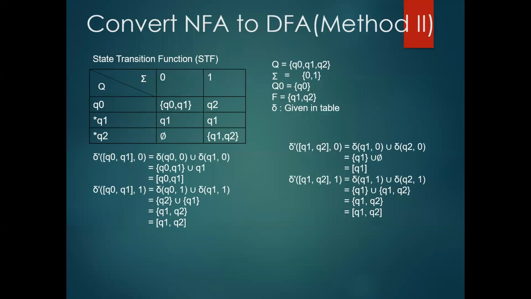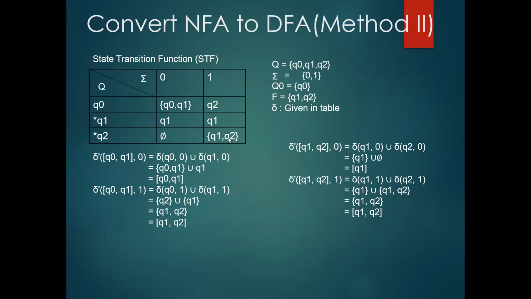After giving input 0 to state Q0, Q1, you are getting Q0, Q1, which is already there in this transition function. So no worry. After giving input 1 to Q0, Q1, you are getting Q1, Q2.